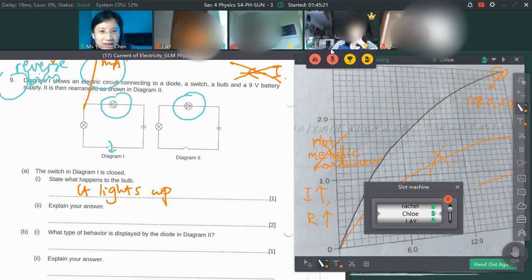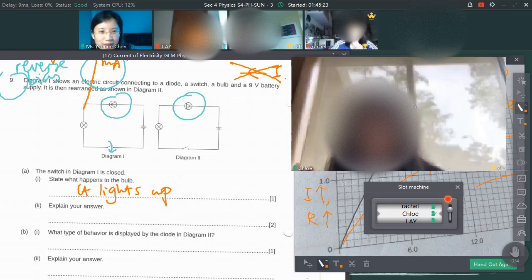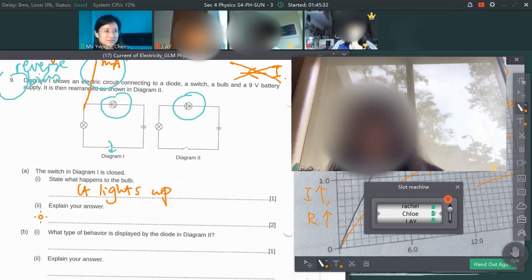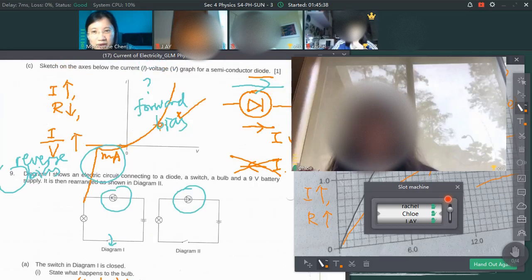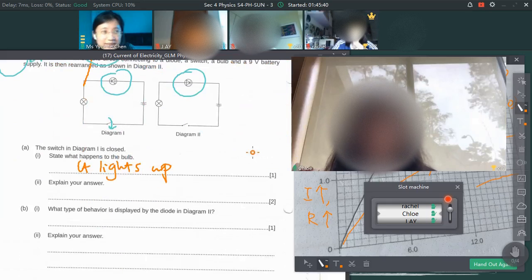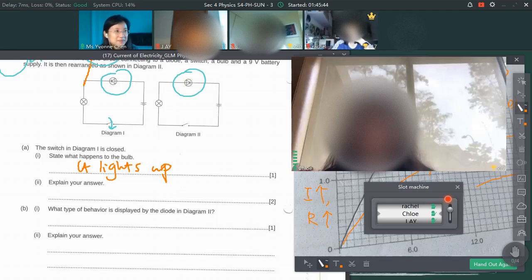Okay, Chloe. Then, how do you explain your answer for part 2? I just said that current can flow through the diode. Yeah, so we talk about forward bias, reverse bias. What kind of keywords do you want to use? Forward bias. Very good.